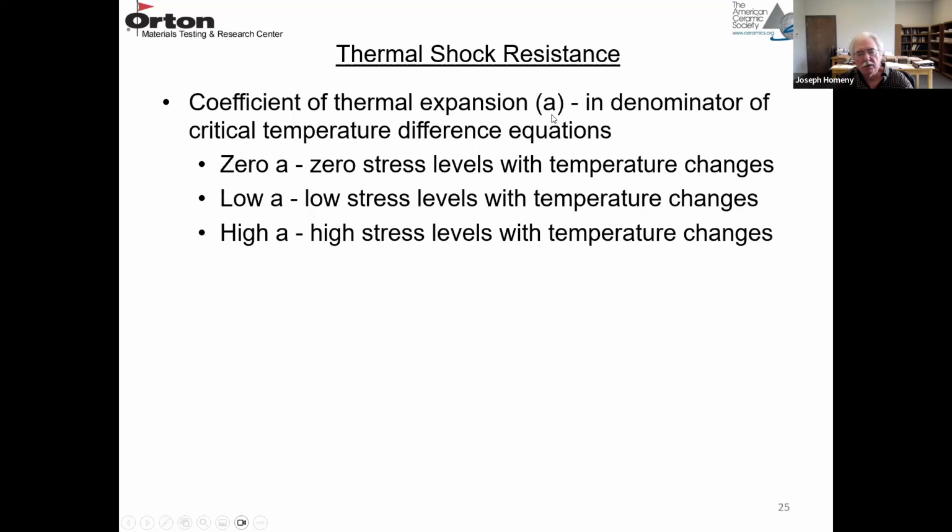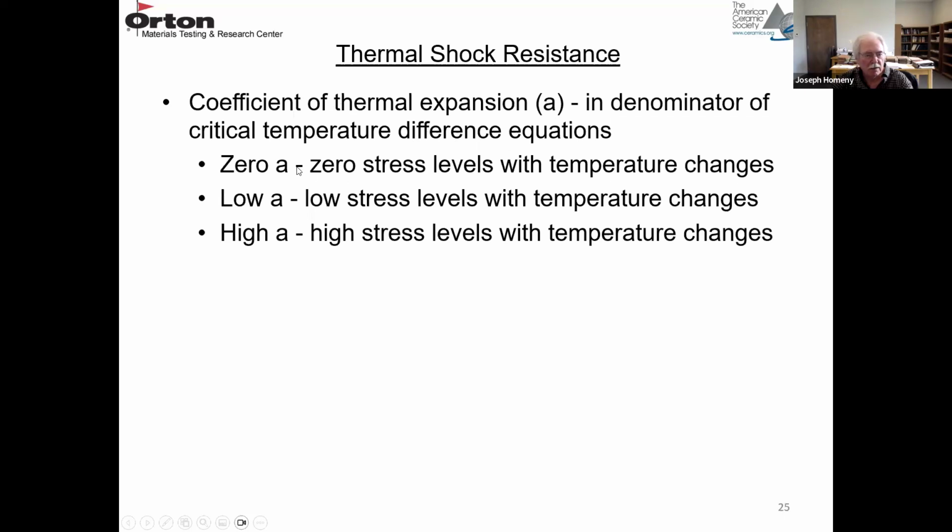So the thermal expansion coefficient, alpha, was in the denominator of these critical temperature difference equations, R4 prime and RST. So if you have a material with zero thermal expansion coefficient, you're never going to develop a stress when you change the temperature.